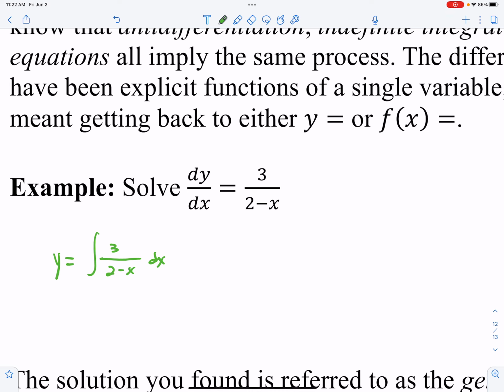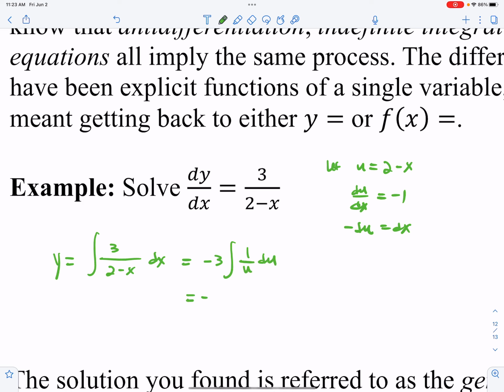This would require u substitution. So we'd let u equal 2 minus x. du over dx would be negative 1, so negative du equals dx. We can pull out negative 3, right? Pulling out the constant, 1 over u du.